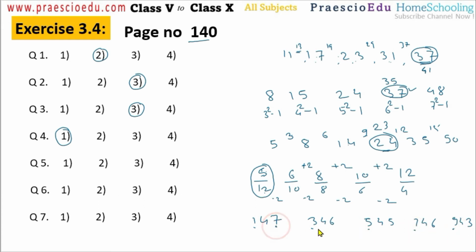After this, the 7, 6, 5, 6, and 3, means the unit place is getting reduced from 7, 6, 5, but here again 6 comes, means this is something different, suppose here 4 should be there, and then 3. And the middle term is 4, a fixed number, so this term, 746, is different, and this is given in option number 3.